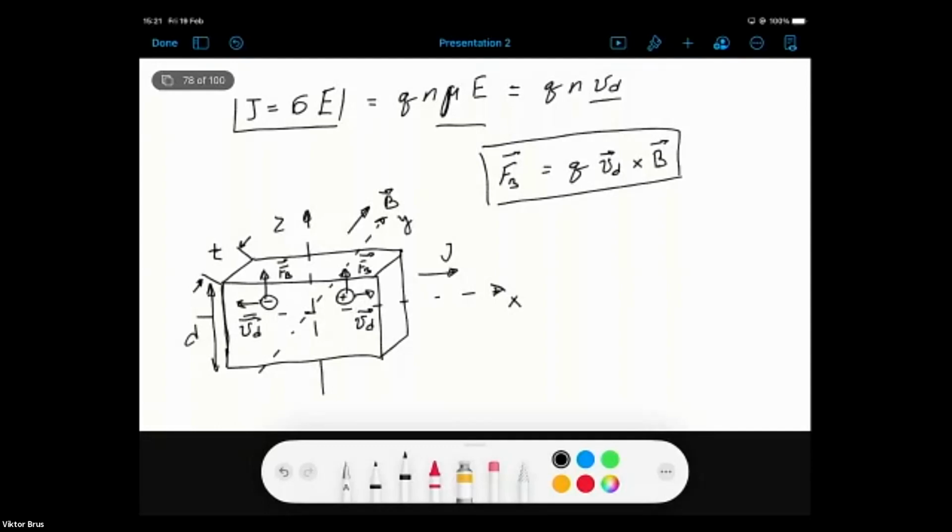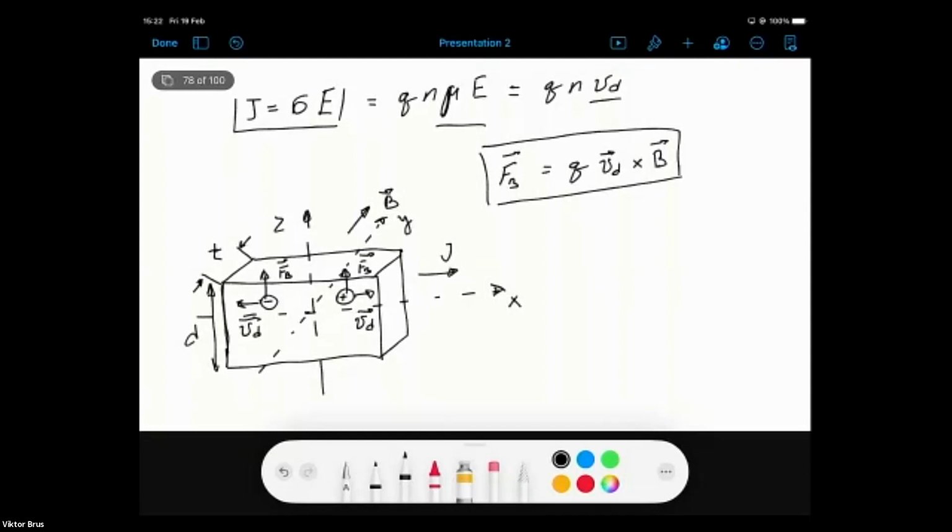So what does it tell us? Regardless of the sign of the charge carriers which conduct electric current in this material, they will be deflected towards the upper edge of this conductor while they are moving in this magnetic field.